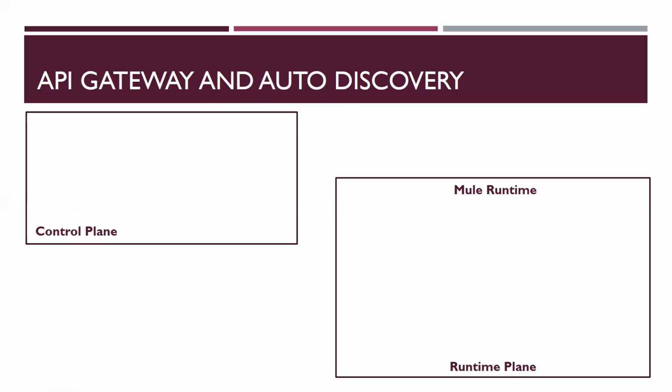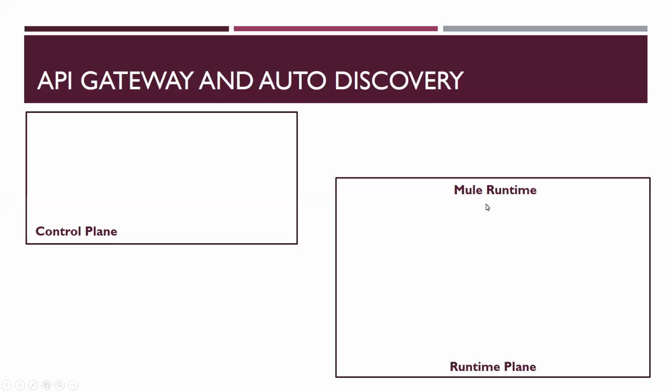From Runtime Manager or API Manager, you are controlling all the Mule applications, right? When you go to Runtime Manager and say stop, it will stop the application. When you say start, it will start. You can see the logs, all those things. It's kind of control you are doing from the control plane.